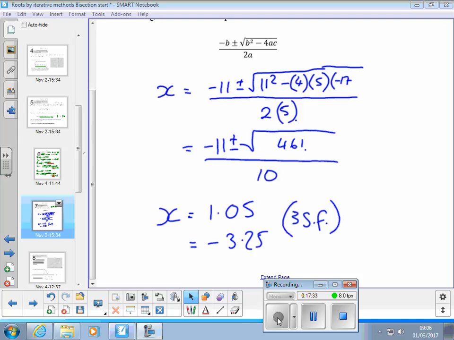I've been on to IT because the autograph in this room's not working, and we need a week, so they're working on that. You can actually use the software to look at a function, look at a curve, and actually get it to use either the bisection or Newton-Raphson method to estimate the roots.